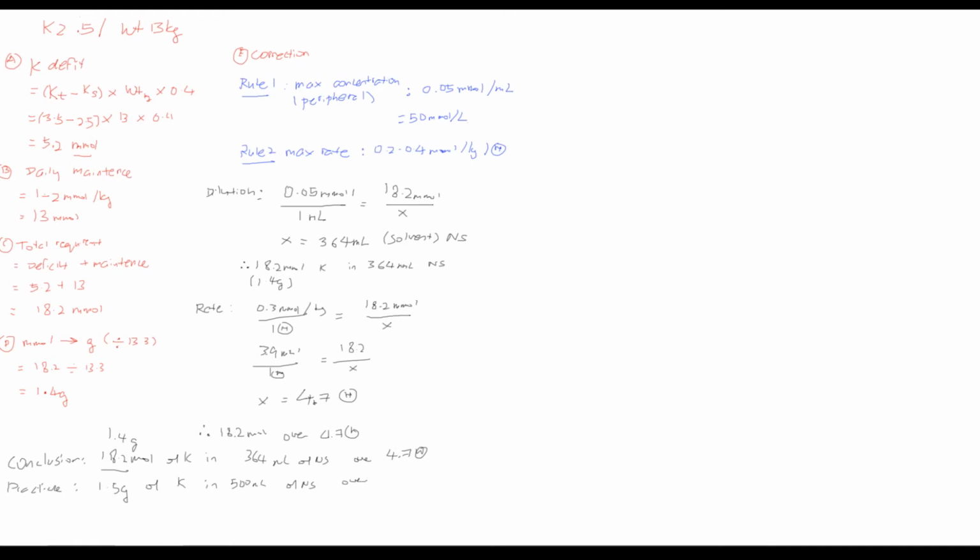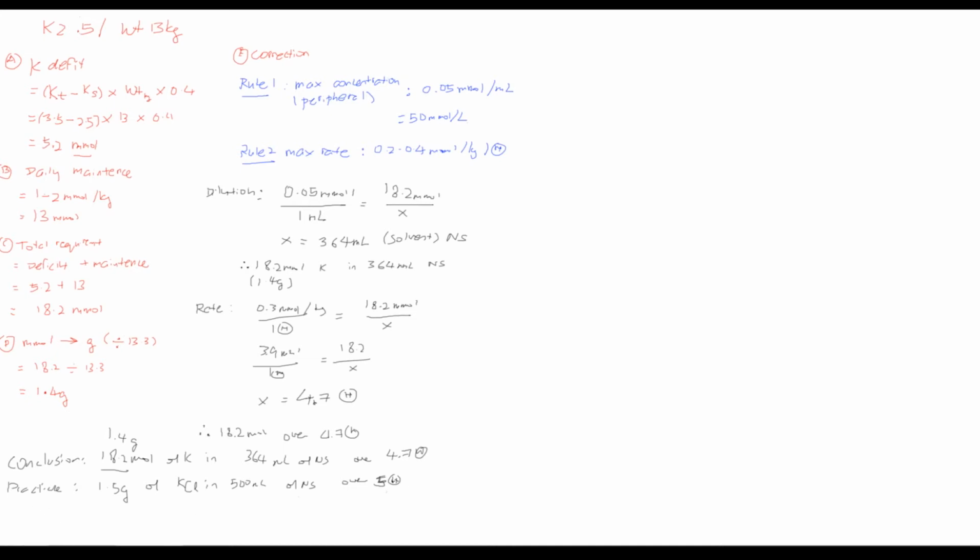This is the maximum rate, so we shouldn't go less than that, so we'll give it over 5 hours. So 1.5 grams of potassium, usually given as potassium chloride: 1.5 grams of potassium chloride in 500 mL of normal saline over 5 hours.